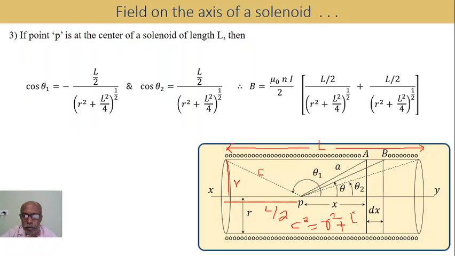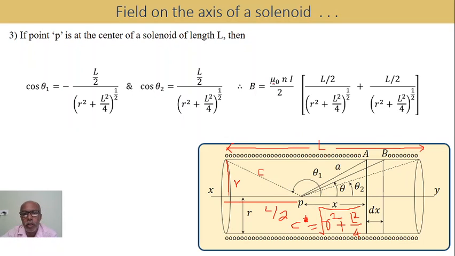Taking the root, C is given here. Similarly, cos theta 2 equals adjacent by hypotenuse on the other side, and it will be the same. But for cos theta 1, it is taken as negative as it is to the left.